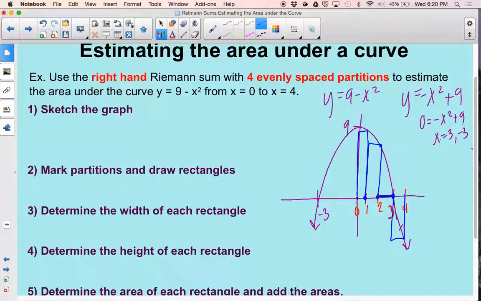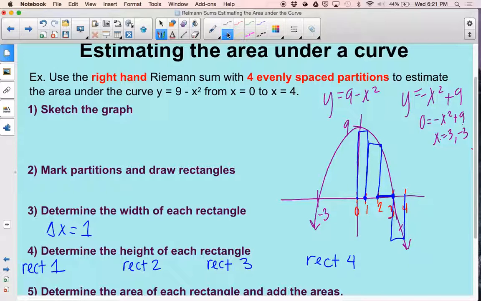But let's keep going. Determine the width of each rectangle. Delta x equals 1, so that's our width. Determine the height of each rectangle. I'm going to start on the left, and I'm going to call that rectangle 1. Then we've got rectangle 2, rectangle 3, and rectangle 4.